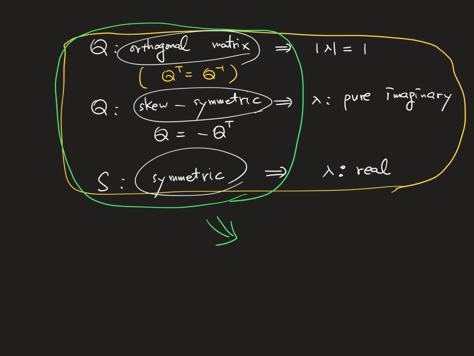the eigenvectors are orthogonal. We need to define the dot product for complex vectors, but anyway, I think this property is very important.